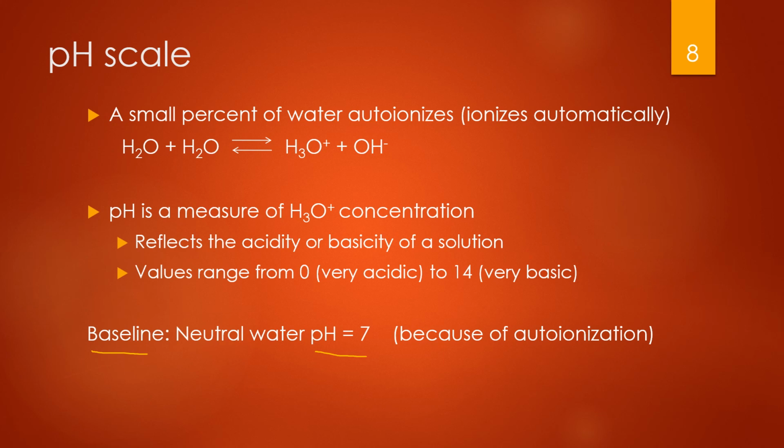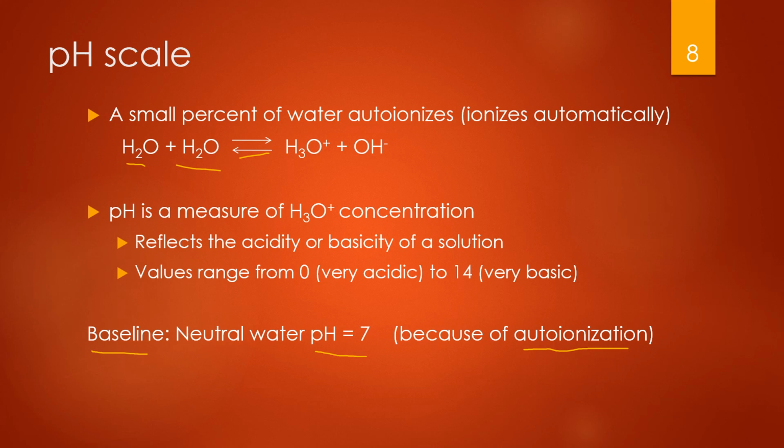Okay, well, how do we measure the pH of water? We can do this because of autoionization. What that means is, if you have water in a glass, beaker, doesn't matter, but notice I have 2 water molecules together. What's happening in an equilibrium reaction, so you can see that equilibrium sign, is that a very, very small percent of water is actually donating a proton to the other water molecule.